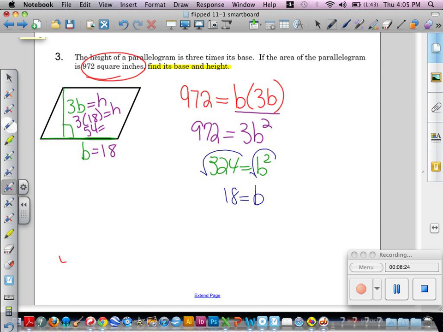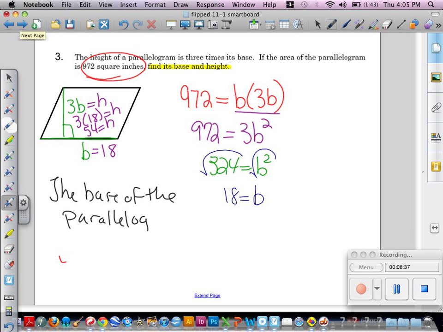So now the base of the parallelogram is 18 inches and the height is 54.